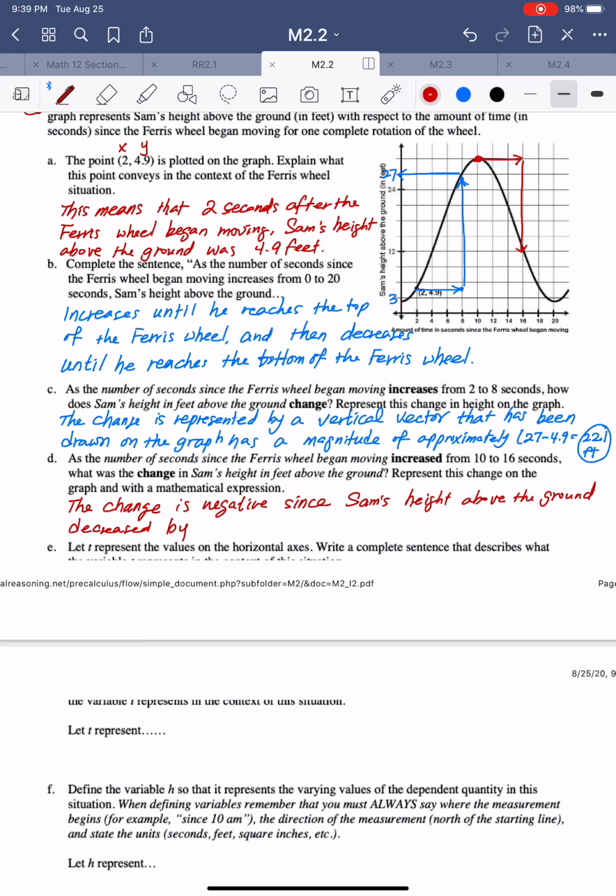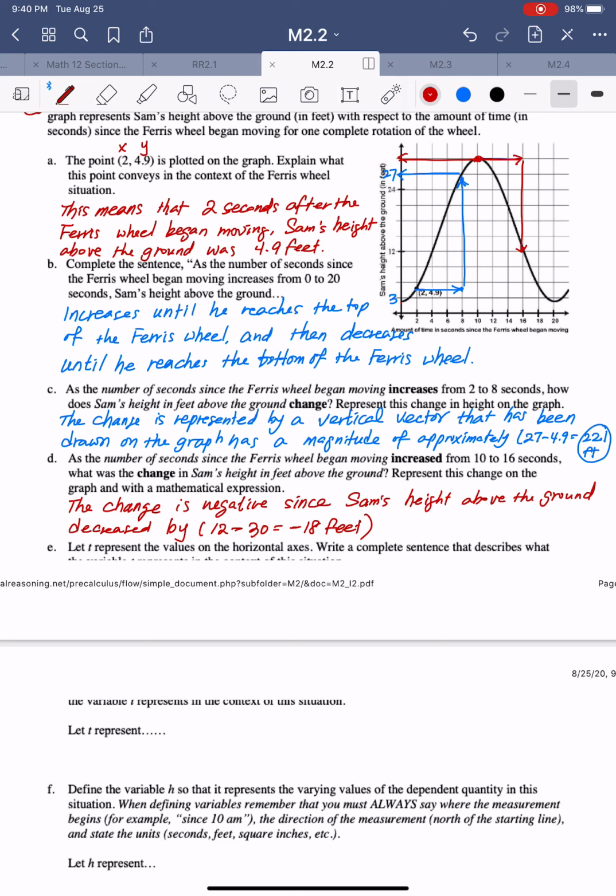But by how much? The height at the 16 second was about 12, right? So I'm gonna say 12 subtract 30, right? So 30 feet, which I get negative 18 feet. So the change is negative feet.